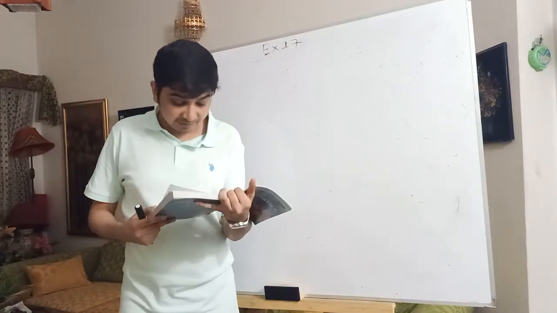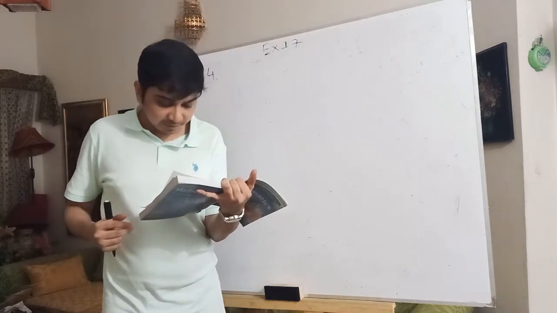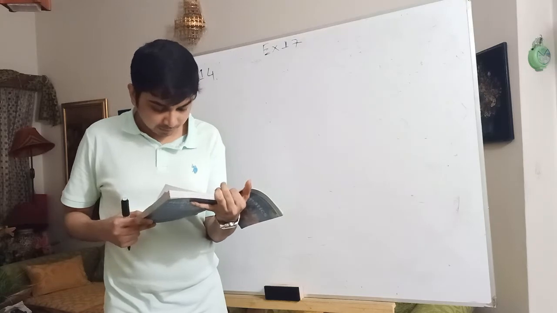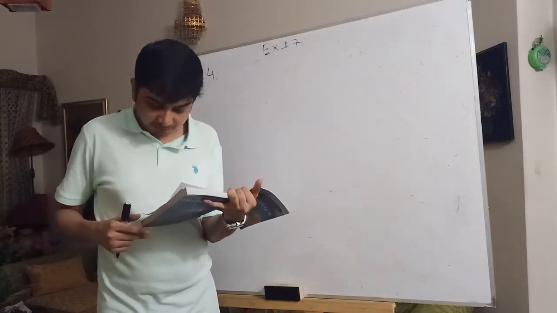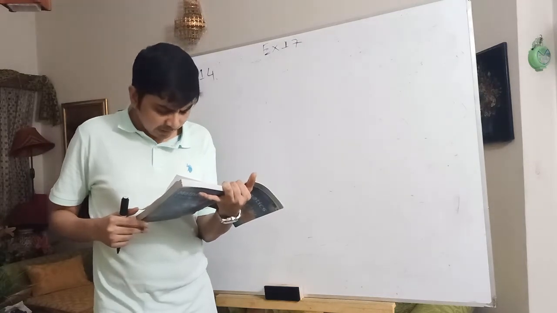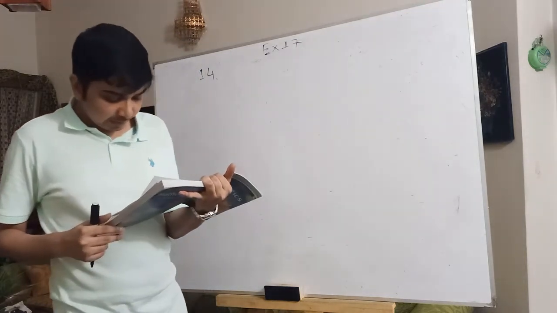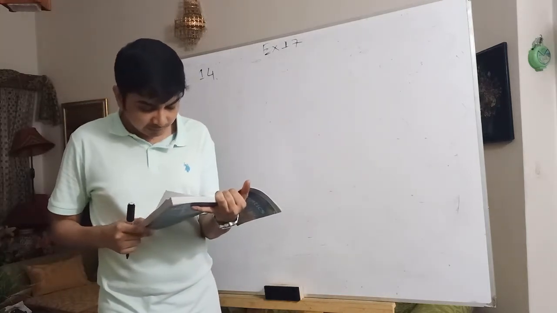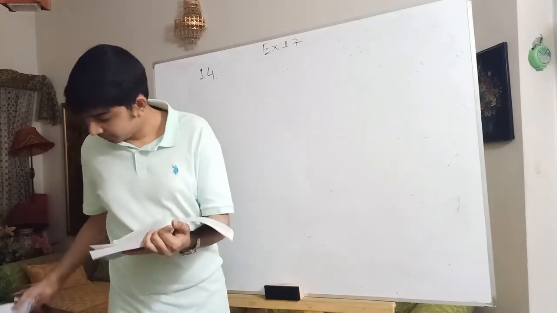Now question number 17. A floor is covered by 800 tiles measuring 10 centimeters square. How many square tiles of side 8 centimeters would be needed to cover the same floor? Okay.